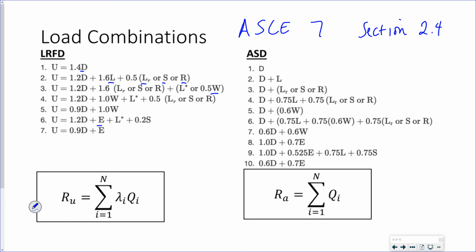Sorry, let's say chapter 2. Section 2.3 is LRFD. Section 2.4 is ASD. Now what do you notice? There's numbers in front of our loads for LRFD, whereas ASD generally doesn't, especially at dead plus live.